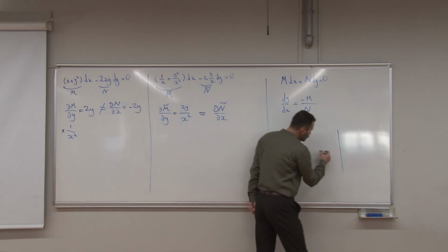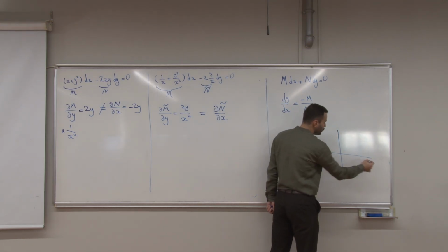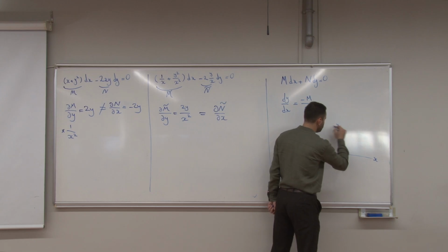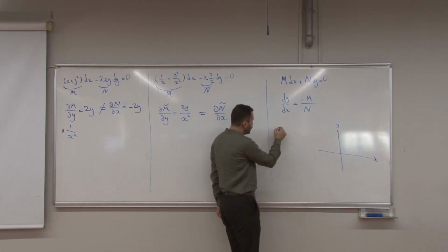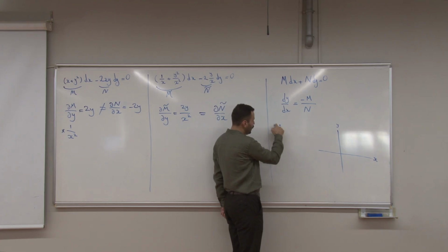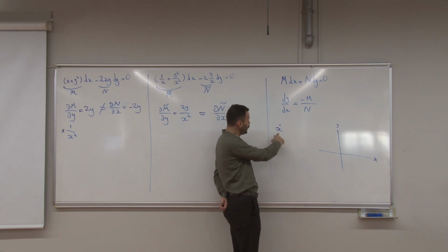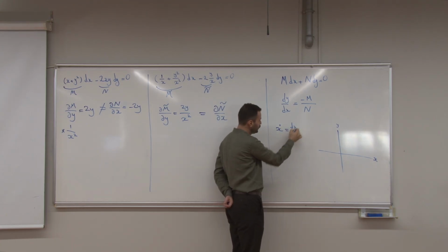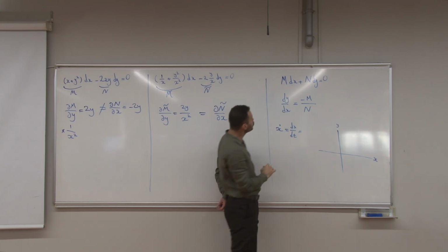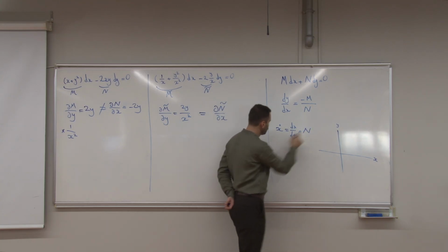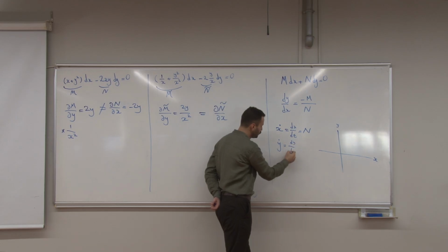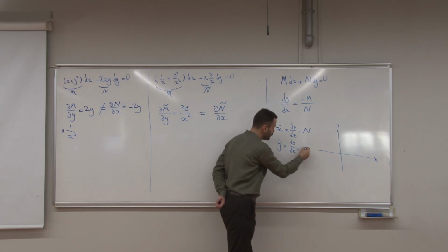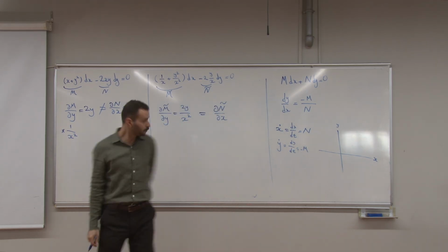I mean that, assume that I have this xy plane, such that the derivative of x with respect to time, dx over dt, is equal to n, and the derivative of y with respect to time, dy over dt, is equal to minus n. Okay?